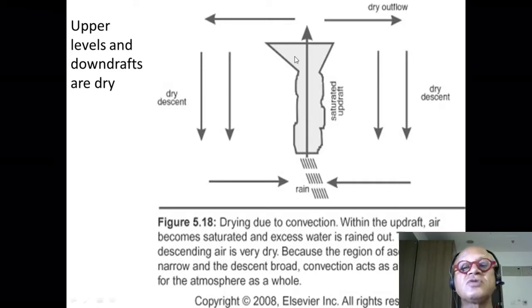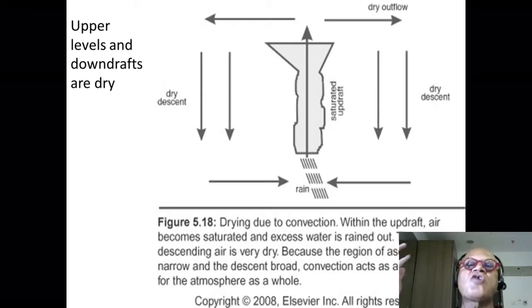Specific humidity also depends on how the moisture is being supplied by advection or by evaporation near the surface and so on, right? So you have a saturated updraft, but as it rises, eventually it's saturating and it's raining, so it's losing moisture. That's the whole purpose of the process of creating rain, right?